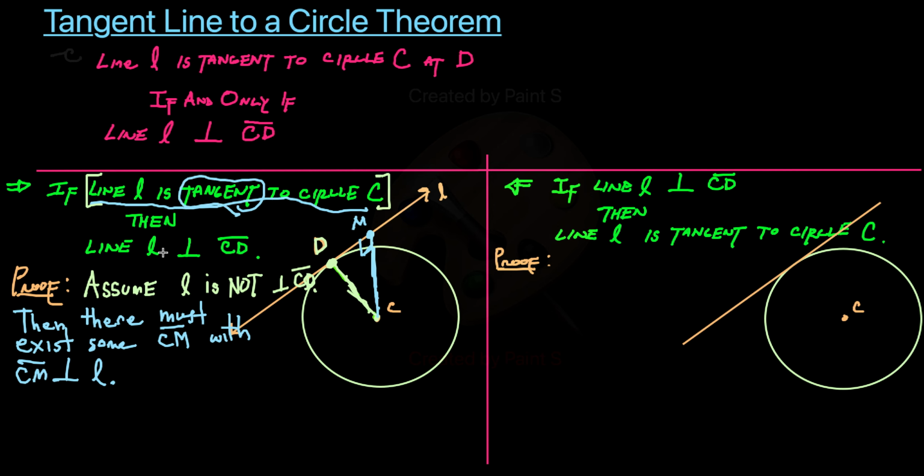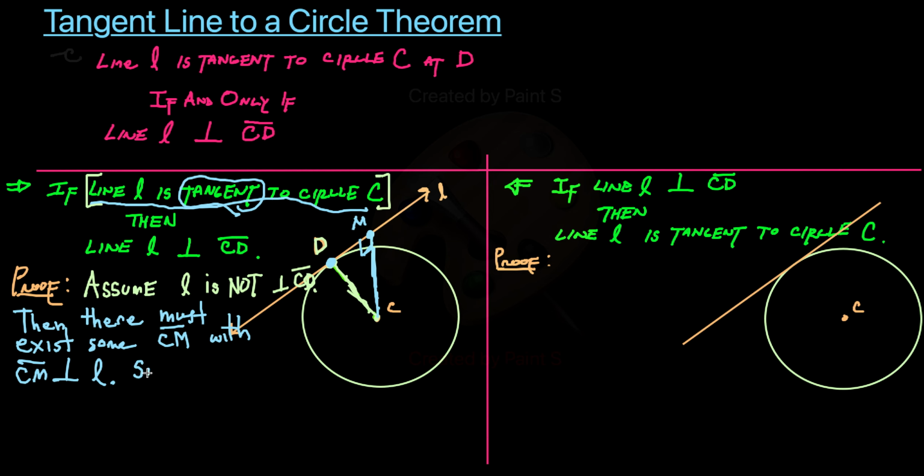A line is tangent to a circle if they meet at exactly one point. So we know L and the circle meet at exactly one point, that's point D. So then this point M cannot lie on the circle, and it has to lie outside the circle.